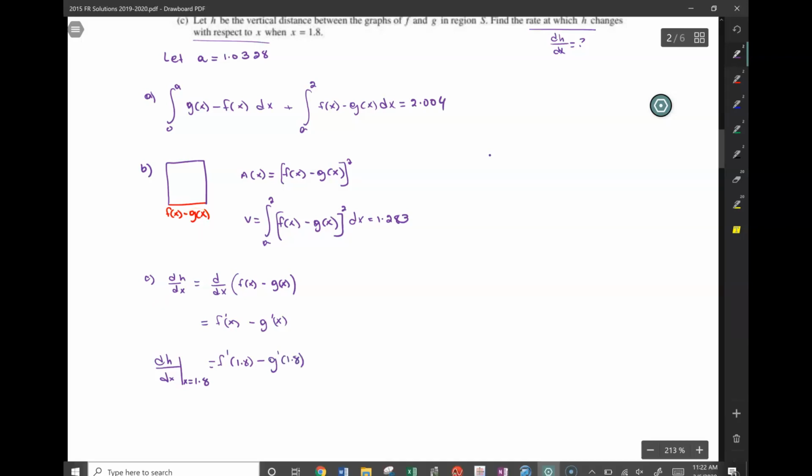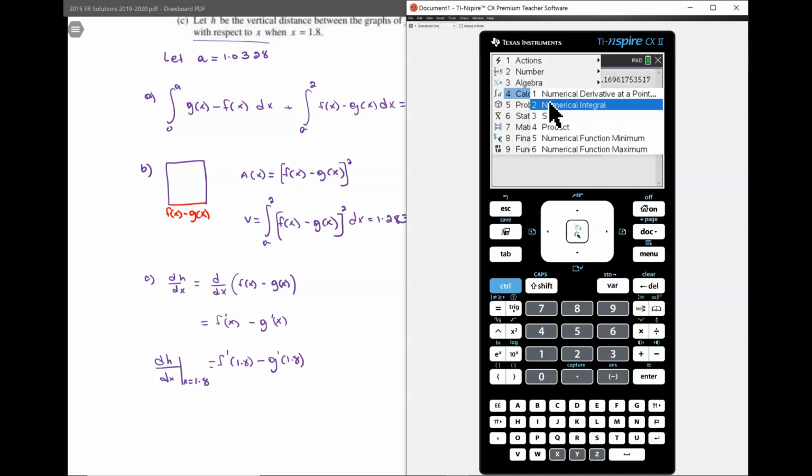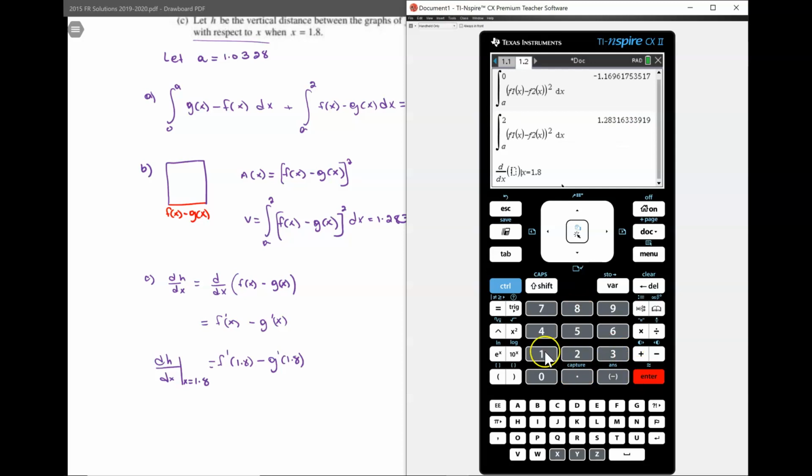And that's also a calculator problem. So I go in my calculator, and yes, there is more than one way to do this. What I want to do now is menu, calculus, numerical derivative at 1.8 of f1 of x. You can do it in a couple of ways.